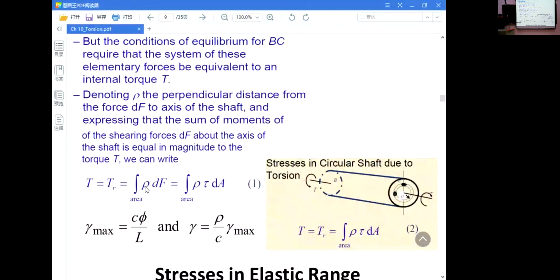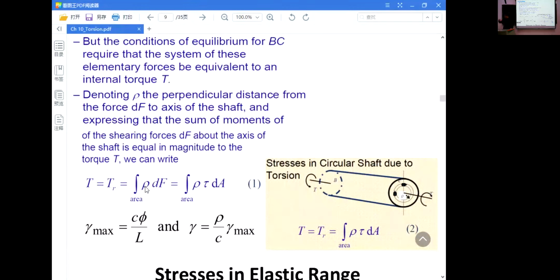Is the moment of the force zero? No, because the direction is perpendicular. So the moment of tau dA about the centroid is rho tau dA.